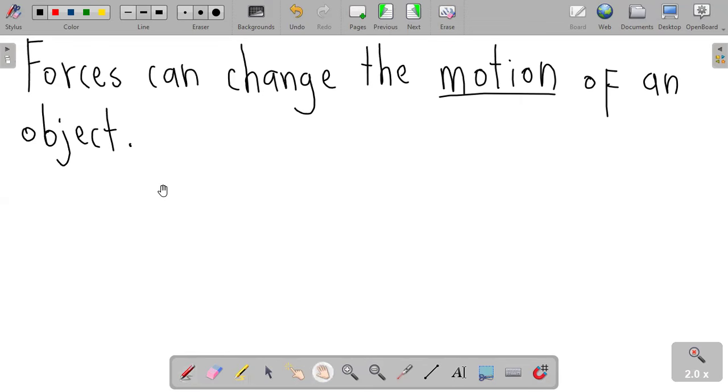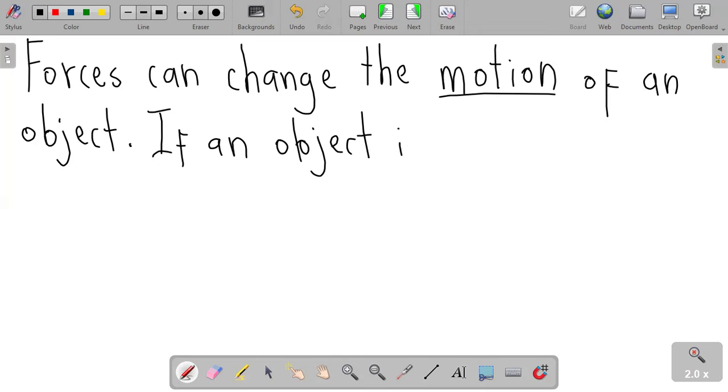So in what way? If an object is stationary, meaning if an object is not moving, okay?